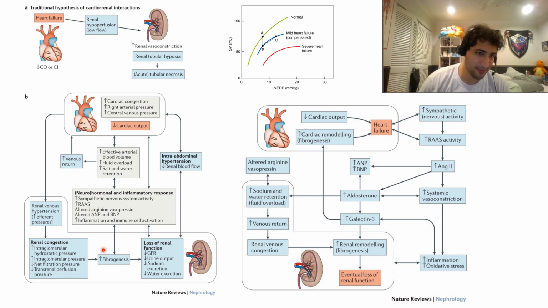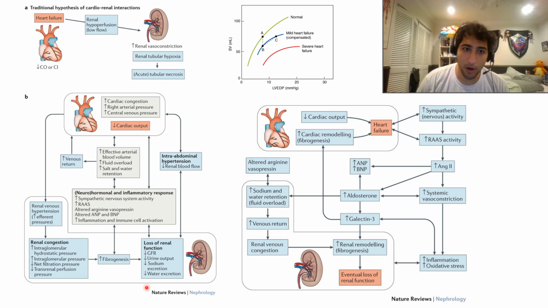And between that and the fibrogenesis and the renal congestion, you get this neurohormonal and inflammatory response with the things listed here, which you should already be familiar with from cardiology. And what's the result of this? Increased effective arterial blood volume, fluid overload, and salt and water retention.